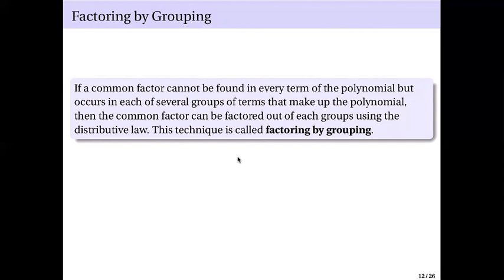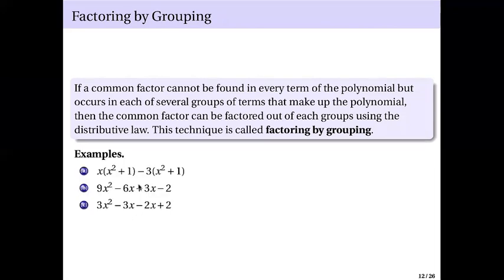Could be binomial, you can group trinomial, etc. You group those monomials and then check whether there will be common factors as a group. That's why it's called by grouping. So these are the examples that we will consider, and they are written already so that the grouping will be obvious.